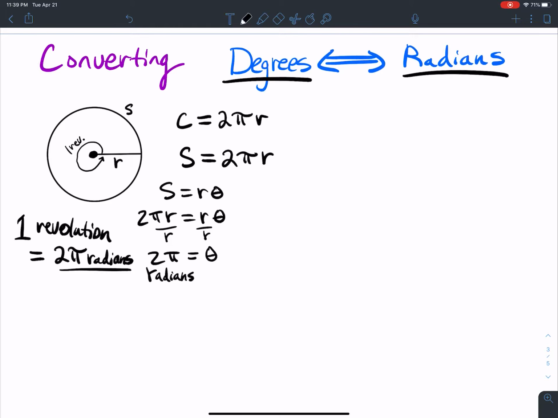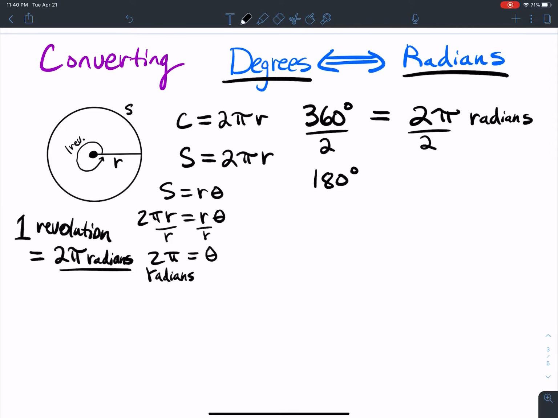Okay, so we've just learned how to convert, right? So 1 revolution is 2 pi radians. So what does that mean? That tells me 360 degrees is equal to 2 pi radians. Now, dividing both sides by 2 tells me what? Tells me that 180 degrees is equal to pi radians.